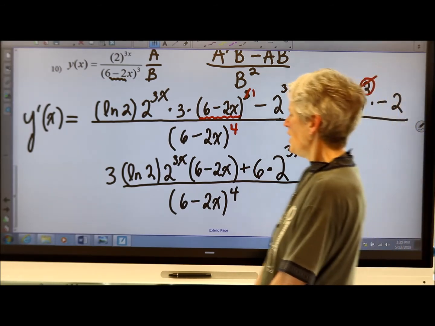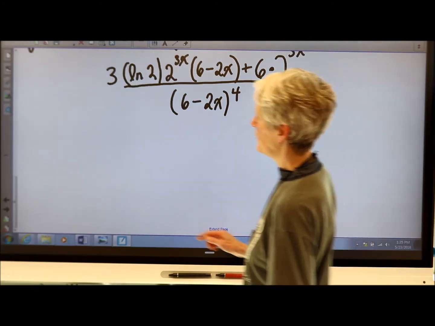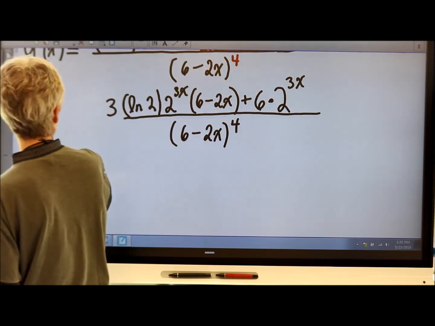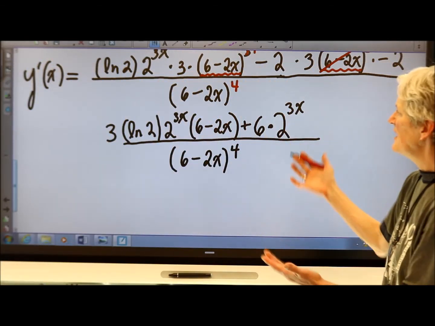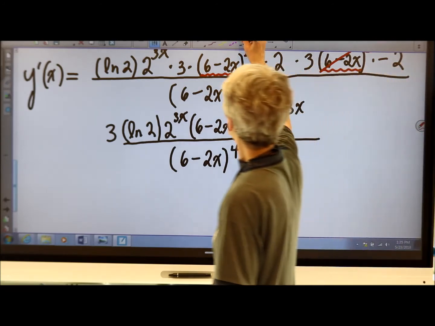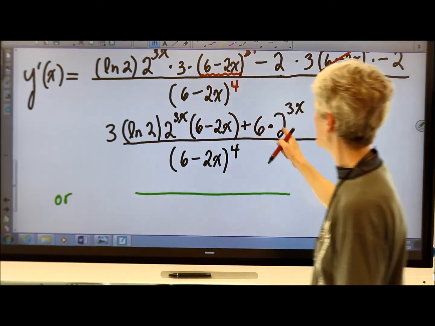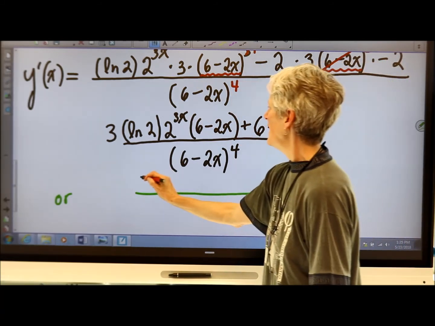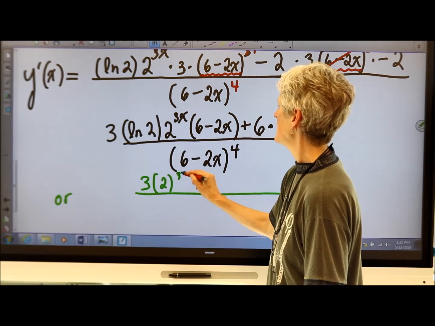Now you might also want to do some more factoring. Sometimes in situations like this, we factor a little more and say, hey, there's a 3 in both terms in the numerator. There's a 2 to the 3x in both terms.